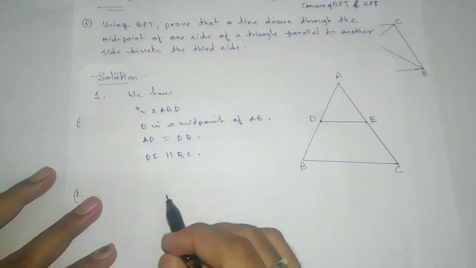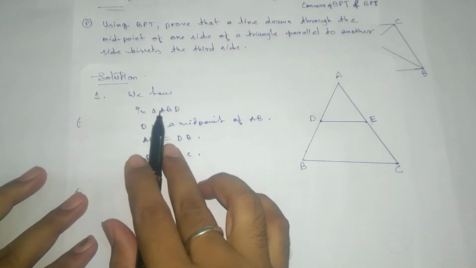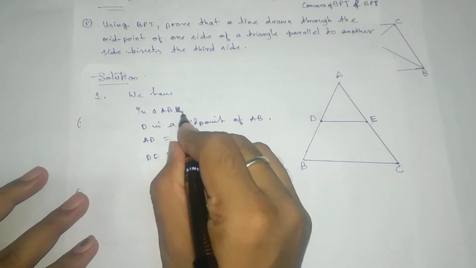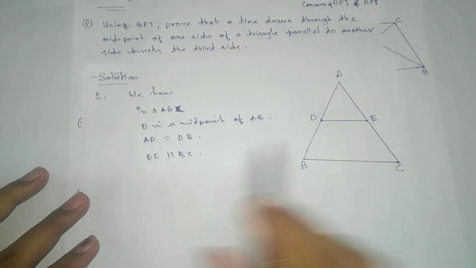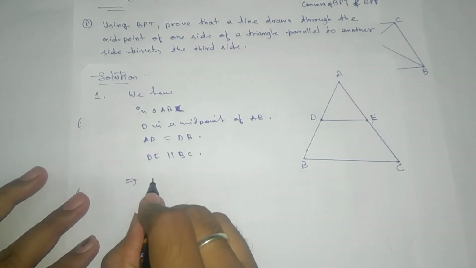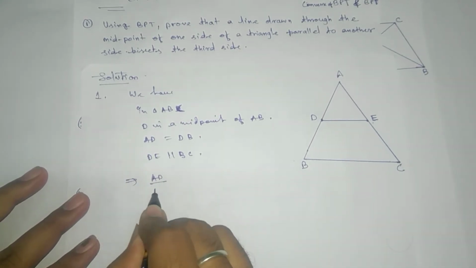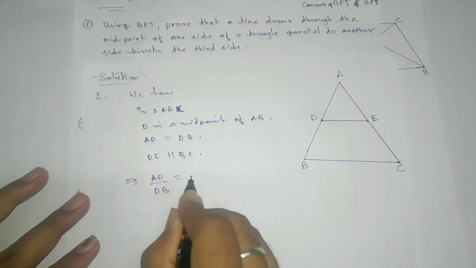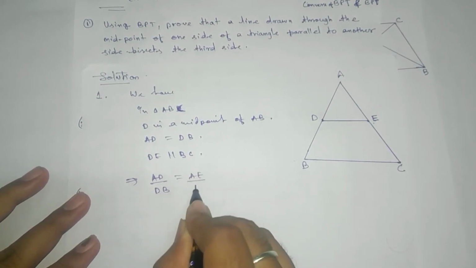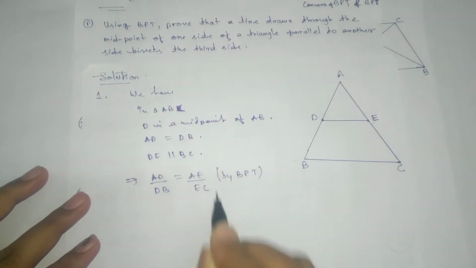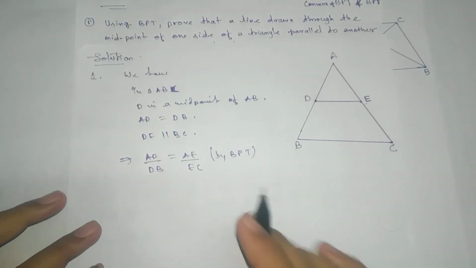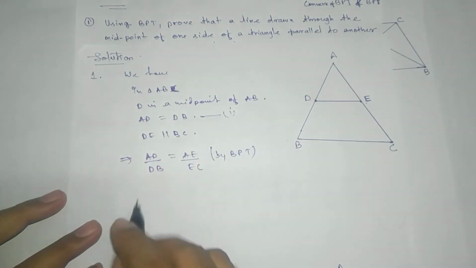So what we're going to do, see in triangle ABC, DE parallel to BC, this implies AD by DB equals AE by EC by BPT. Now look at this, this is number 1.